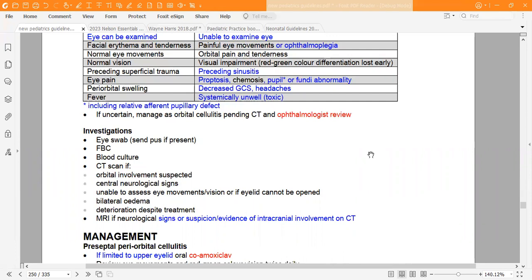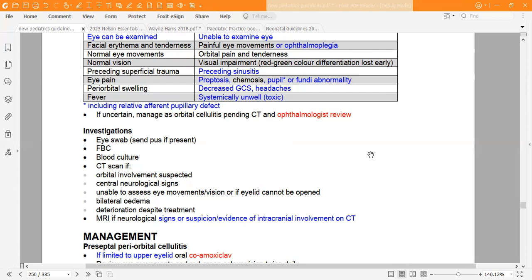First of all, eye swab, send pus if present, full blood count, blood culture, CT scan if orbital involvement suspected, central neurological signs, unable to assess eye movement, vision, or if eyelid cannot be opened, bilateral edema, deterioration despite treatment.